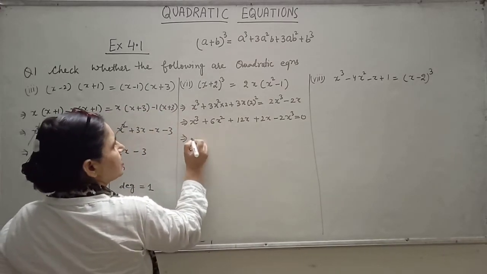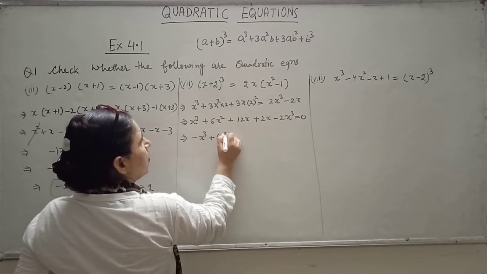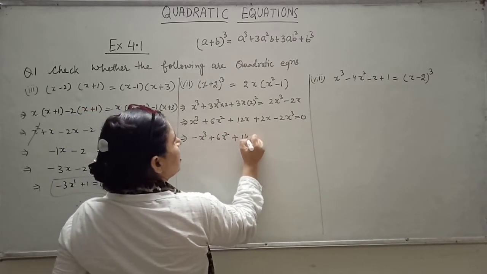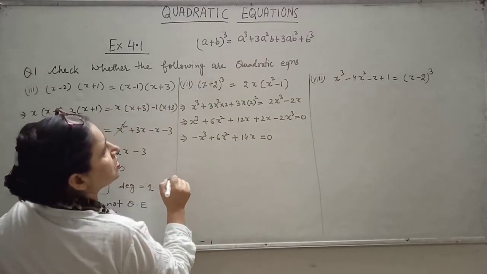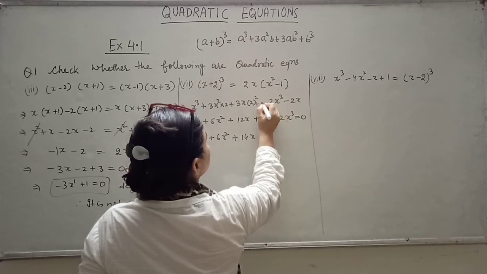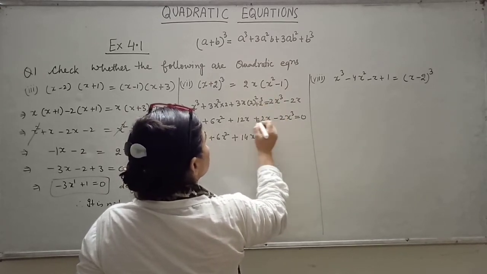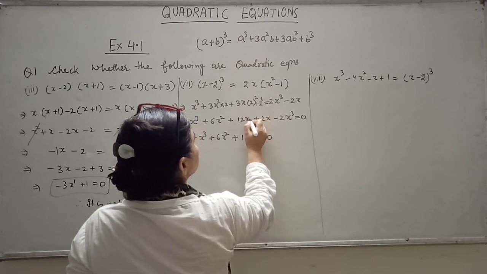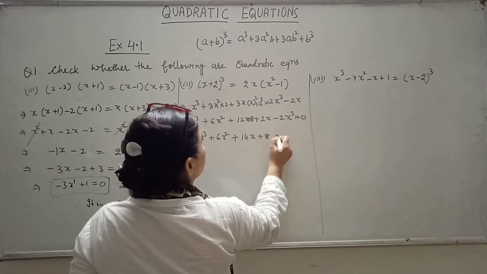So now x cube minus 2x cube is minus x cube, this is 6x square, and this is 14x equal to 0. And this is 2 cube, that is plus 8. Plus 8 is also here.